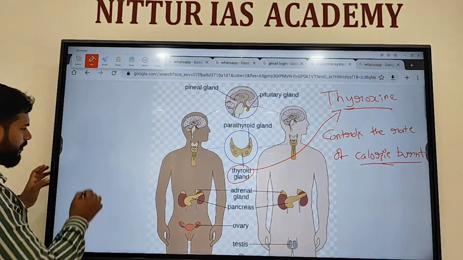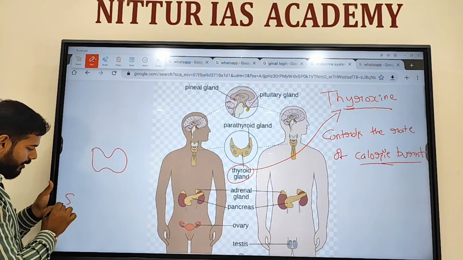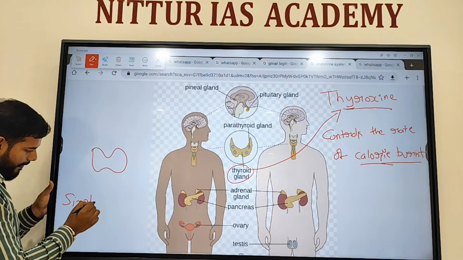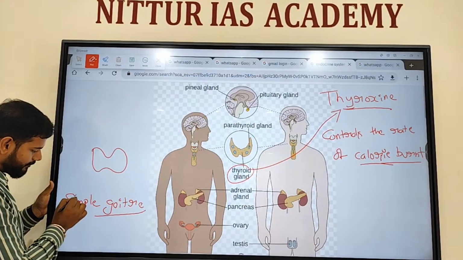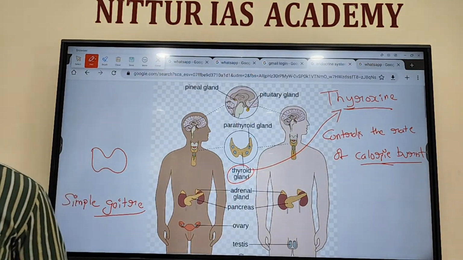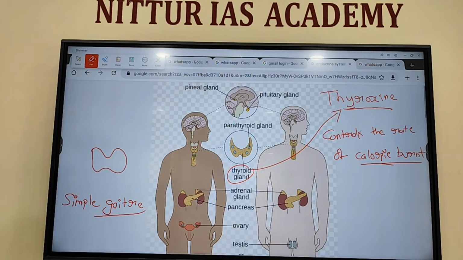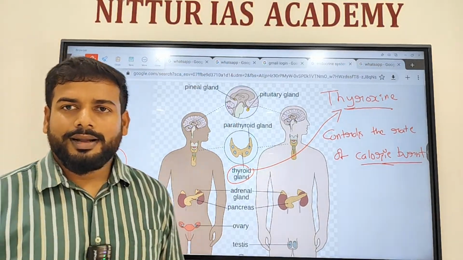Thyroxine. Then there is a condition called simple goiter. Have you heard of goiter? See, does your table salt contain iodine?